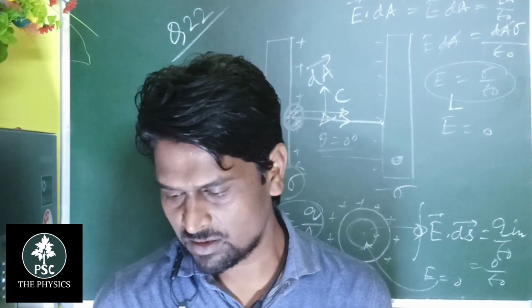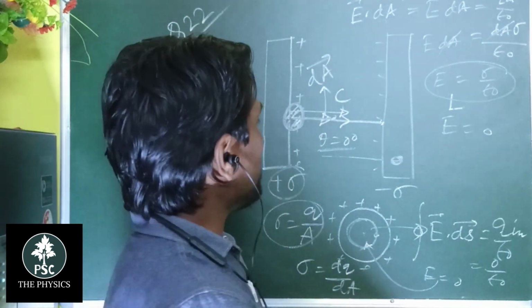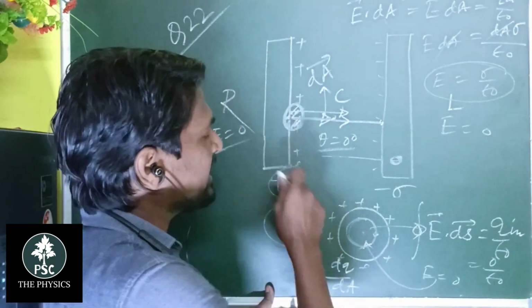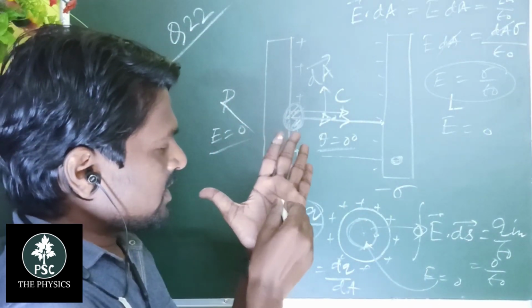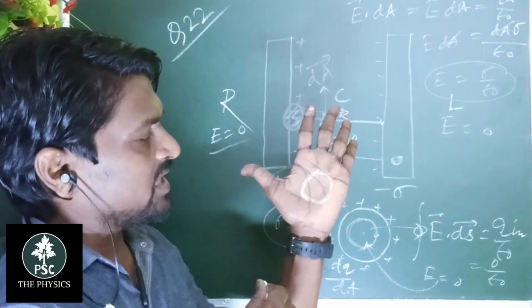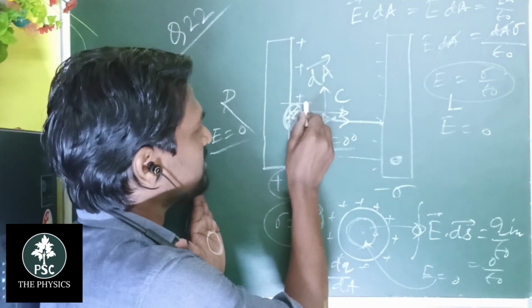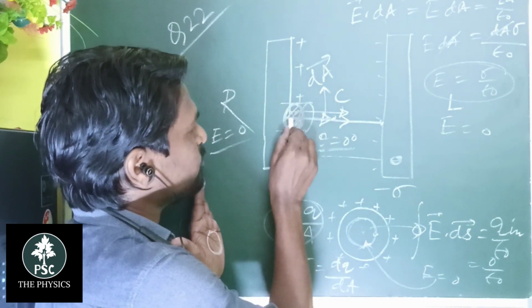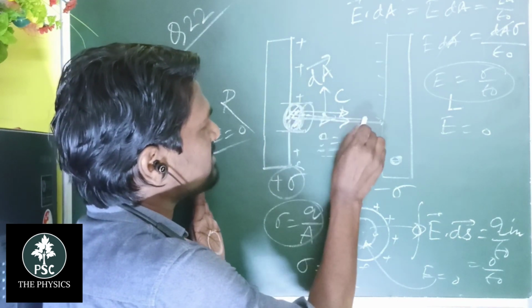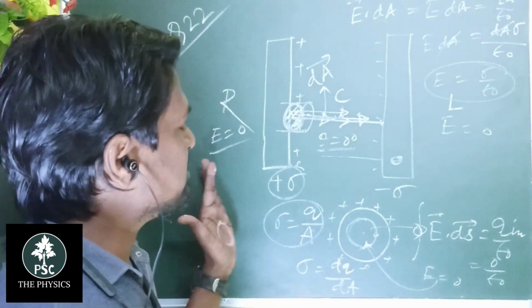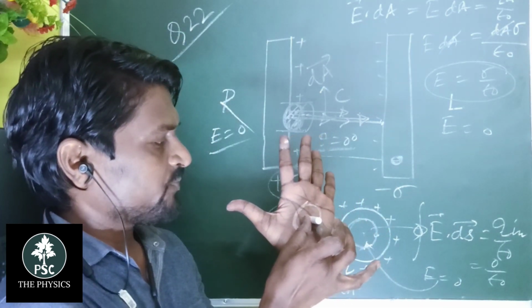It is so simple. You just have to think of a small area along that surface. If we take a small area and consider a cylinder, then electric field lines originate from this area and penetrate that surface like that.